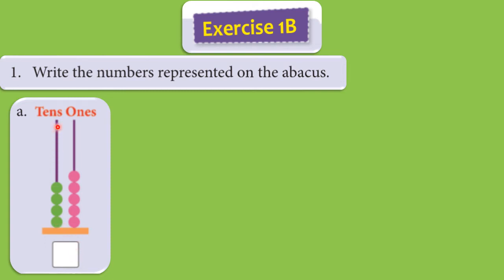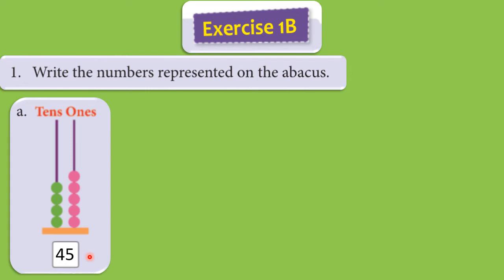And how many beads are there on 10's place rod? We have 1, 2, 3, 4. 4 beads. So the digit at 10's place will be 4. So 4 at 10's place and 5 at 1's place. Which is that number? Yes, the number to be written in this box is 45.